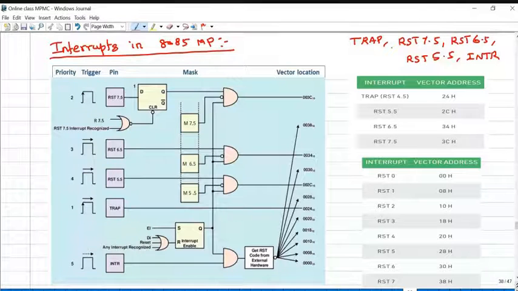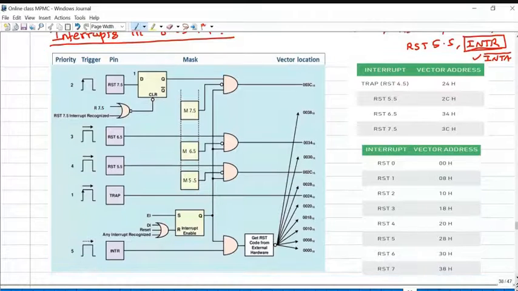Okay, there are five hardware interrupts. In response to the INTR interrupt, the microprocessor will send the acknowledgement signal, that is INTA complement. This is an acknowledgement signal corresponding to the interrupt INTR. Okay, so these are the five hardware interrupts. So apart from these five hardware interrupts, the microprocessor supports some software interrupts.